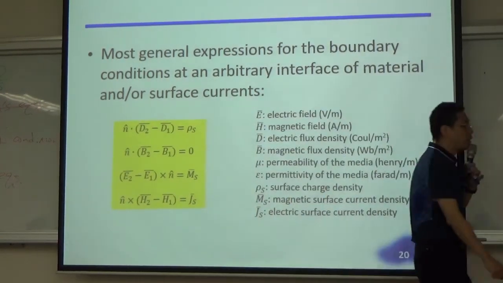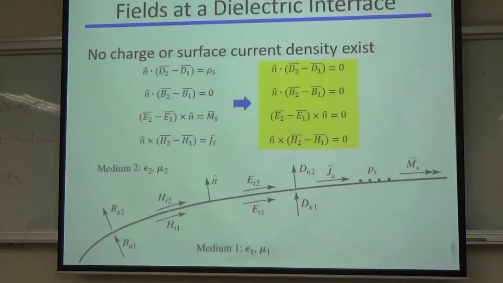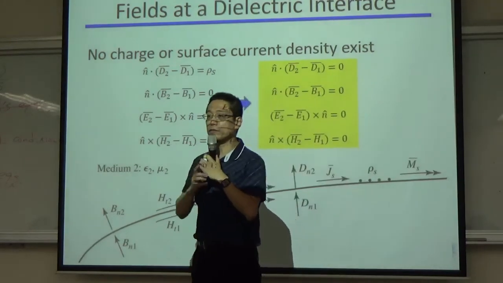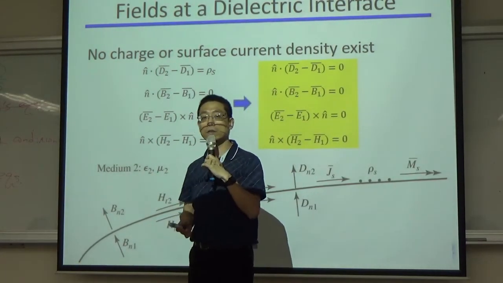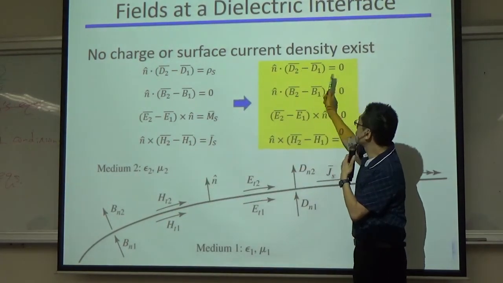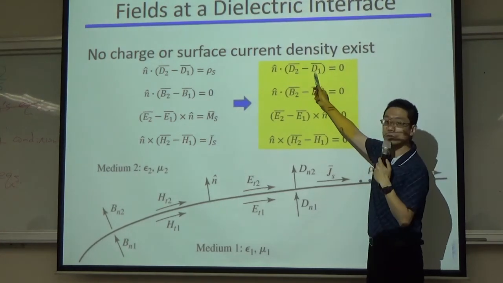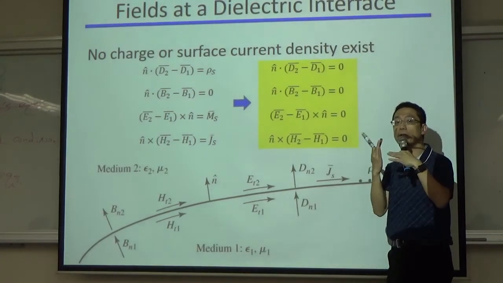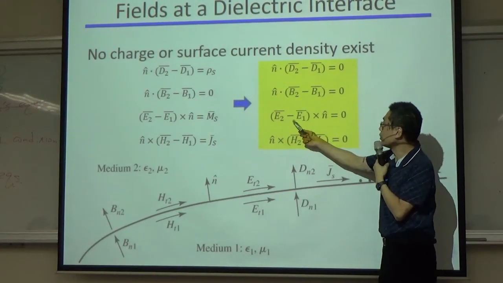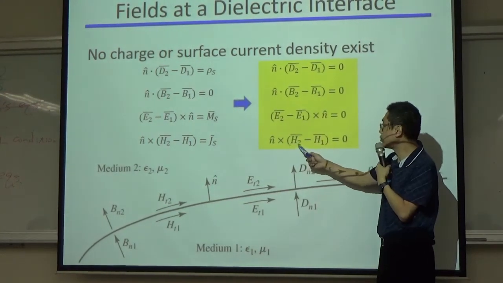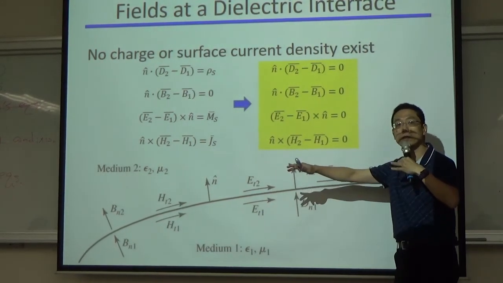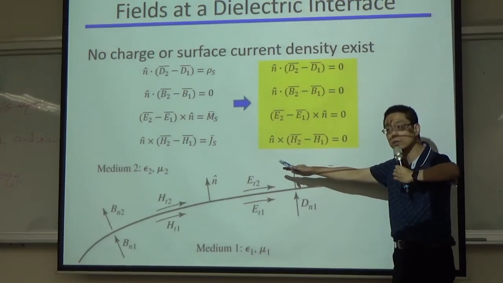If there are no sources, as in our example, you can just say that D2 equals D1 in the normal direction, and E2 equals E1 and H2 equals H1 for the tangent direction, okay? If there is no source.